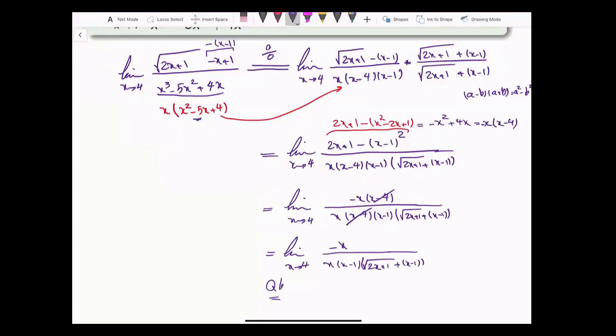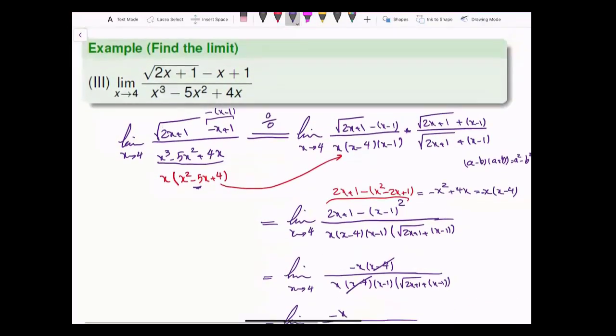So you can use the quotient law, and this will give me minus 4 over 4, 4 minus 1, root of 2 times 4, which is 8, plus 1 is 9, root 9 plus 4 minus 1. So this 4 cancels with that. I have negative 1 over 3 times 3 plus 3, which is negative 1 over 18. And that gives me the whole thing.